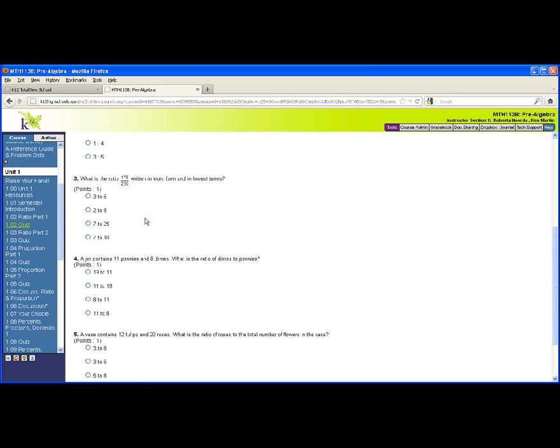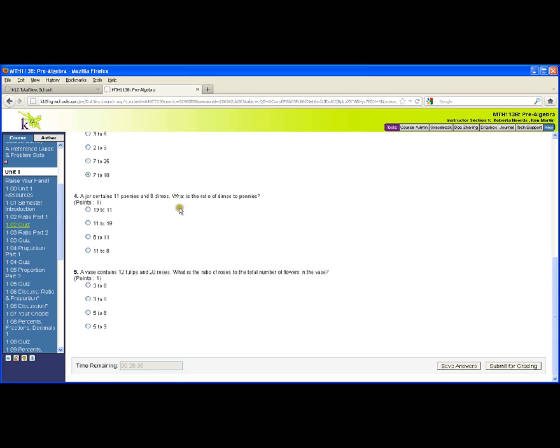For lowest terms, we have to divide everything by 25. 25 goes into 175 7 times, and it goes into 250 10 times. So 7 to 10, right? Is that right? So I put 7 to 10.